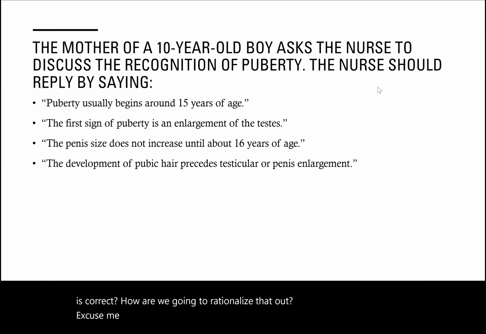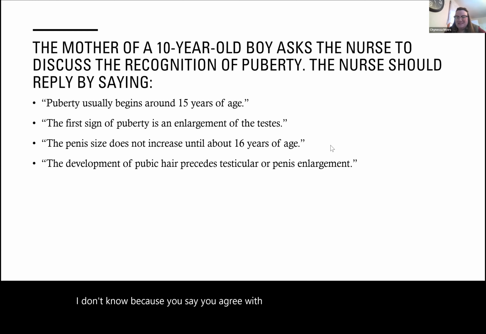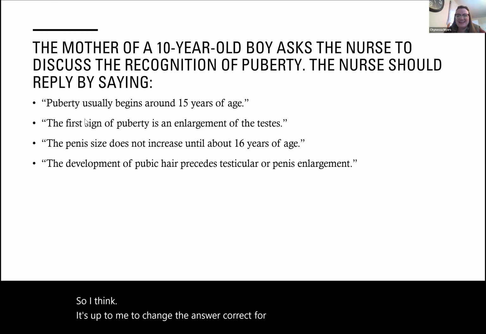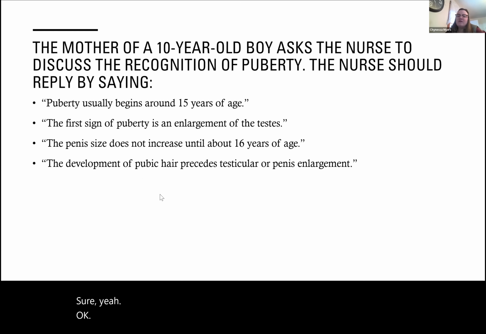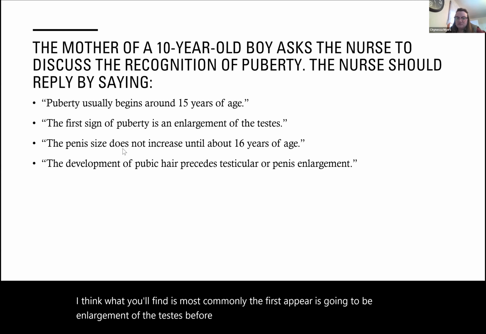Well, I don't know, because you say you agree with us, but the book says something else. I guess it'd be up to your discretion. It's up to me to change the answer for you? Is that what you just said? Sure. Okay. I think what you'll find is most commonly the first sign of puberty is going to be enlargement of the testes before the pubic hair starts to grow.